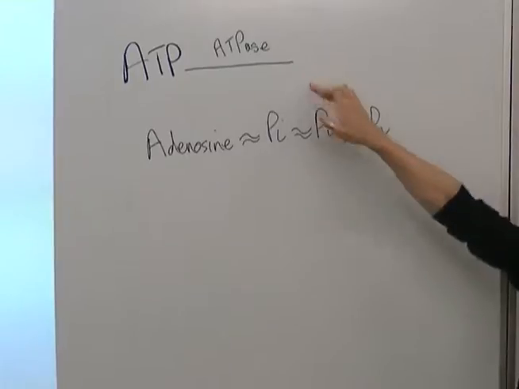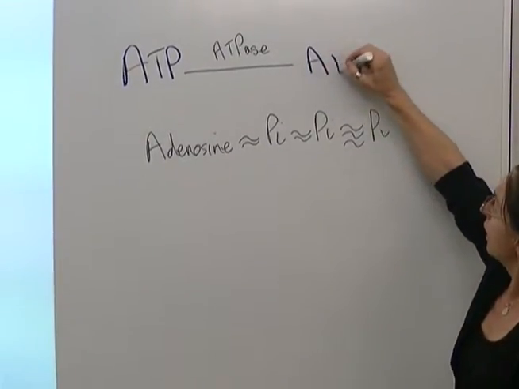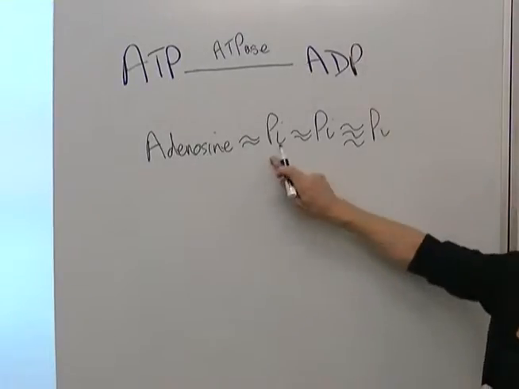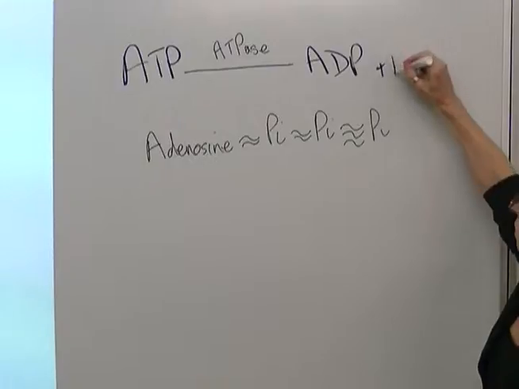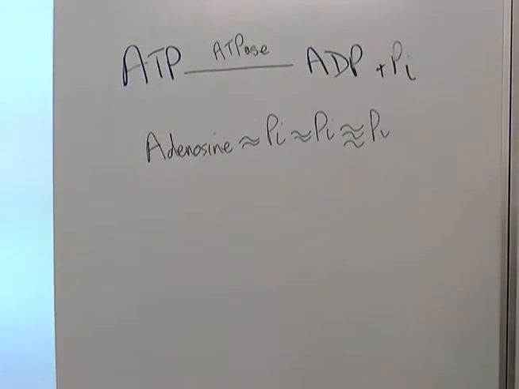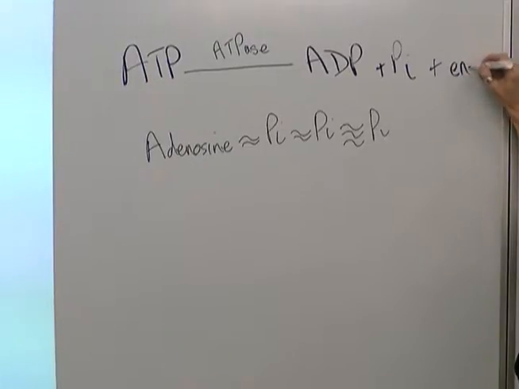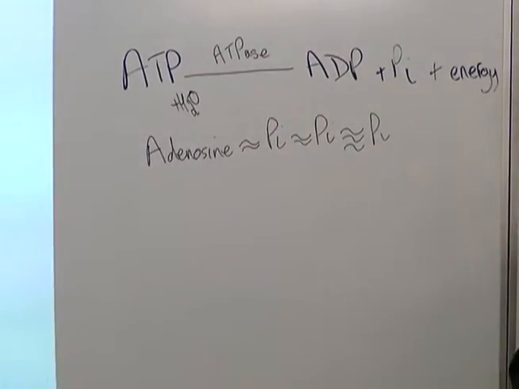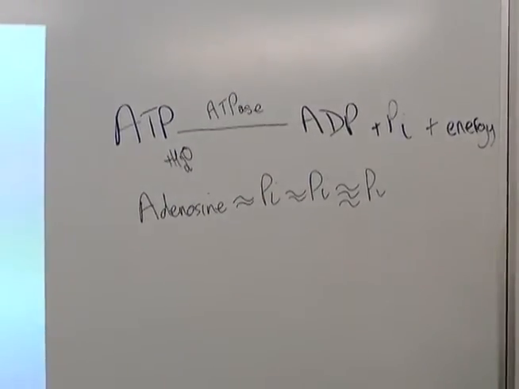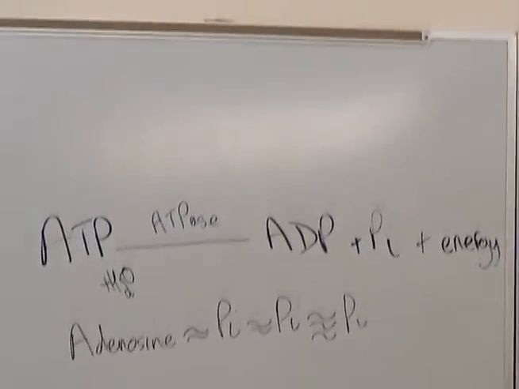So when we break it down, we get ADP, adenosine diphosphate, plus an inorganic phosphate, plus energy. And actually, you need water in here, and we also get hydrogen ions, and they're the things that start to cause the problem because they're the acidic thing.